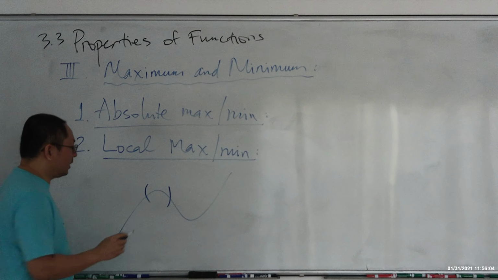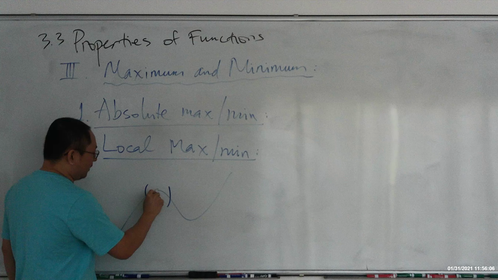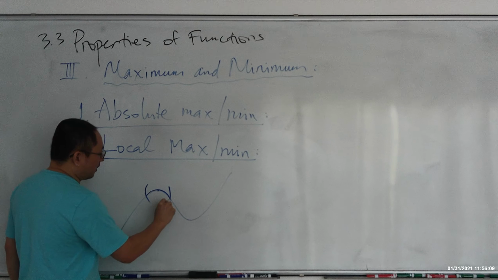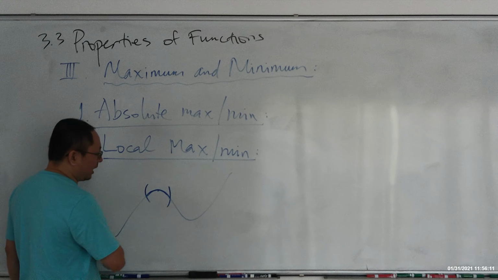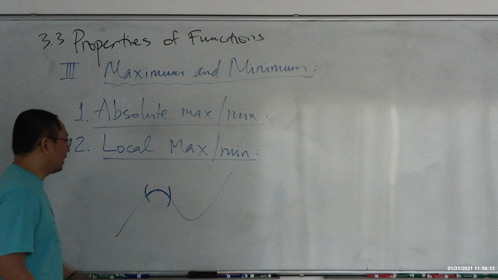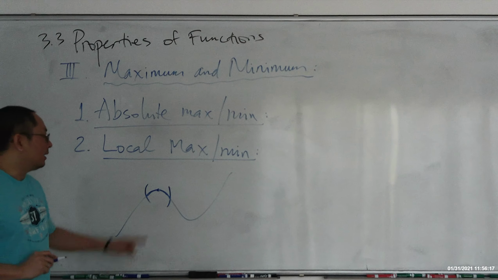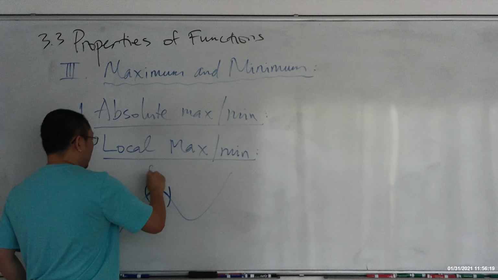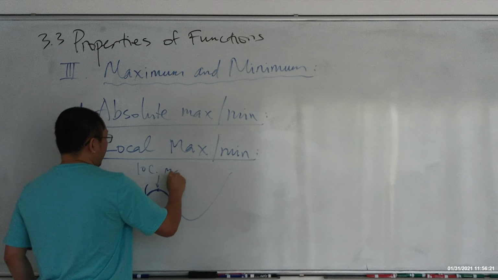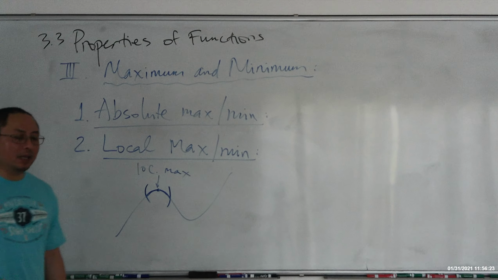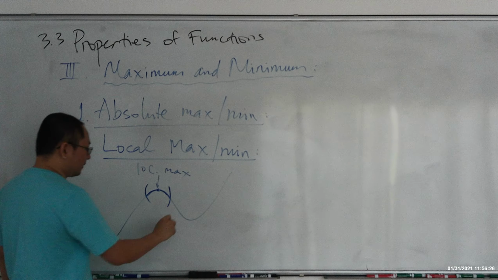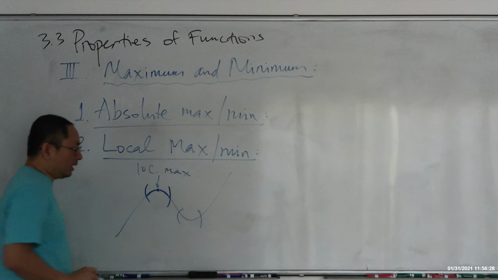If I can find an open interval, a local region means an open interval, and just within that interval, I'm not looking at the entire graph anymore. If I look at an open interval and I can find a highest point on it, this will be the local max.